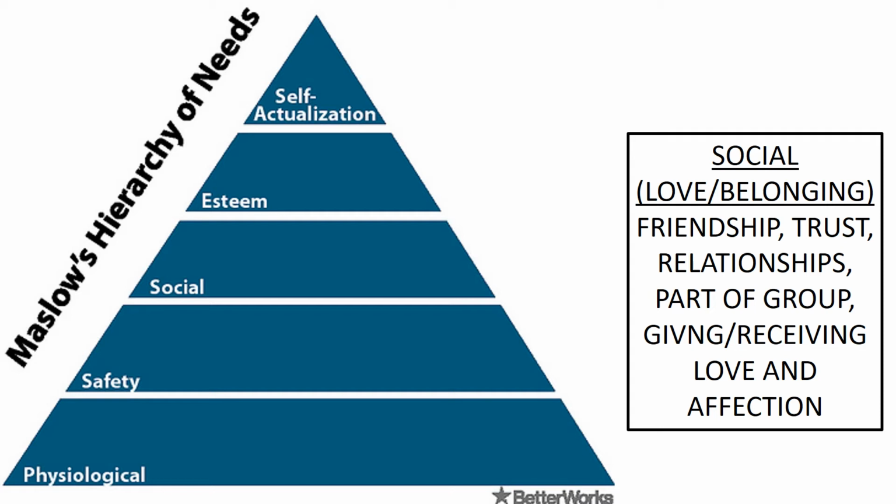People have a need to be social. According to Abraham Maslow, you have a need to feel these emotions of feeling like you belong somewhere. And so that's very, very important.